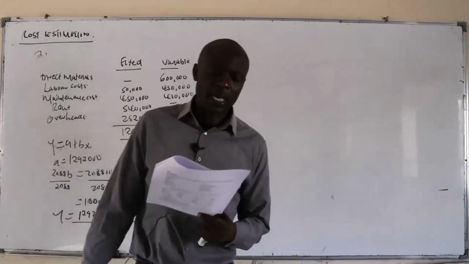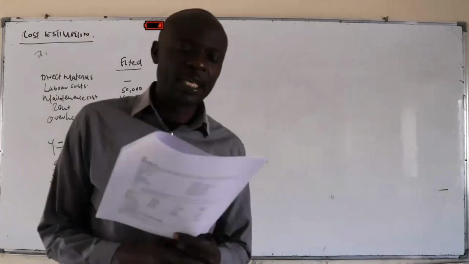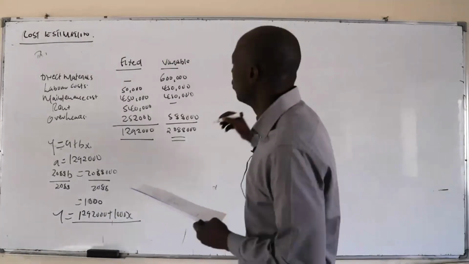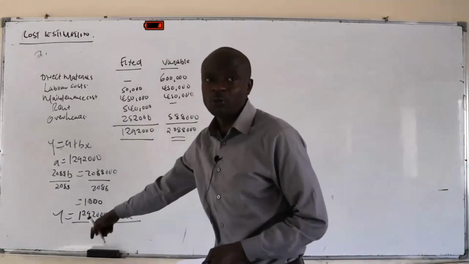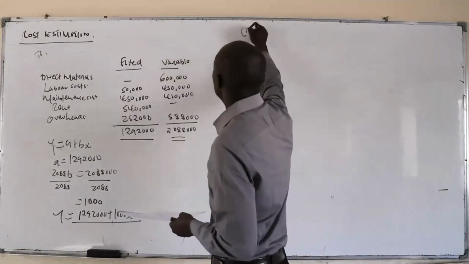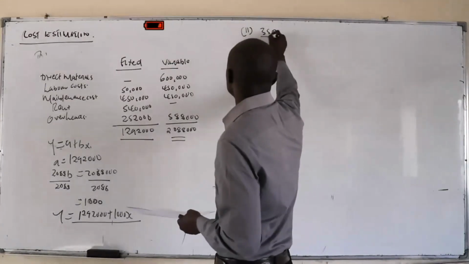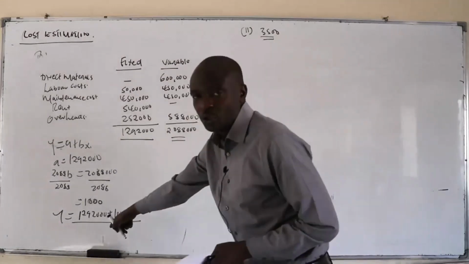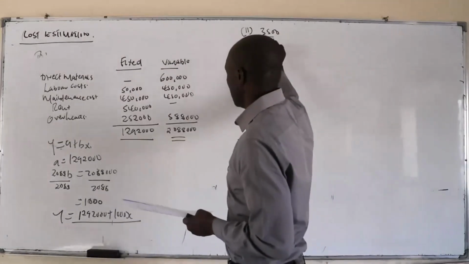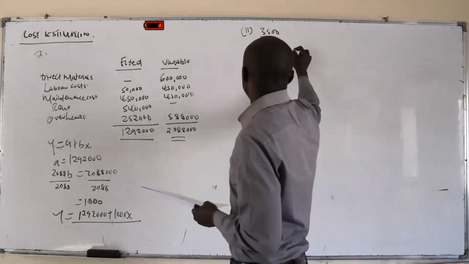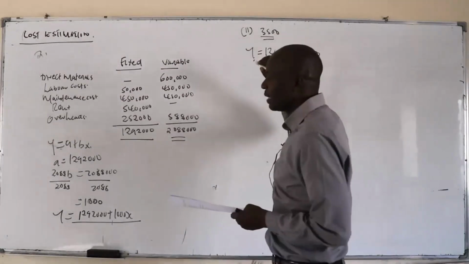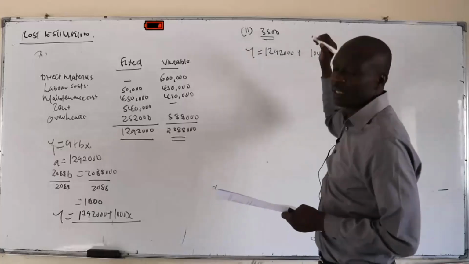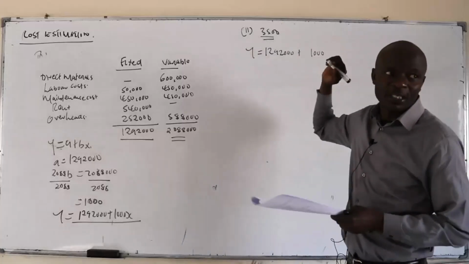And then part two of the question, using the equation above, estimate the total cost of manufacturing 3,500 units. Now, using this equation that you've already established, supposing you are producing 3,500 units, what will be the total cost? So Y is going to be 1,292,000 plus 1,000, the variable cost per unit, isn't it?